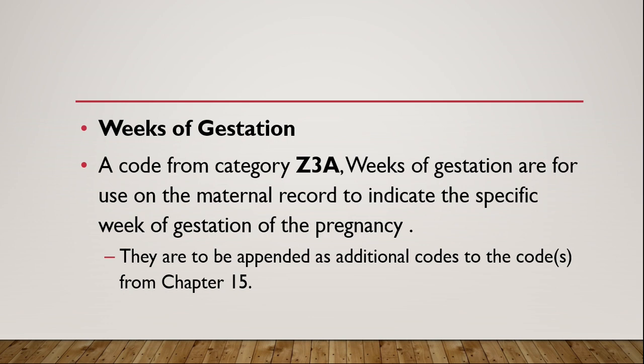Don't worry, guys. For example, 11 weeks is Z3A.11. You may check your Z3A at the end of the book. I don't know which specific page, but you may go and check. For example, 12 weeks, Z3A.12, 13 weeks, Z3A.13, 14 weeks, Z3A.14.